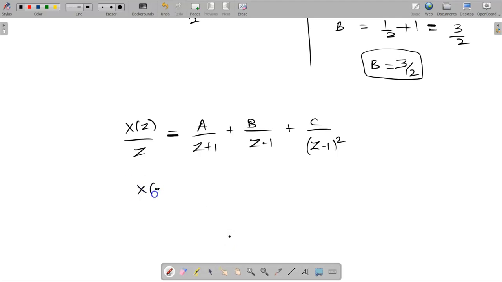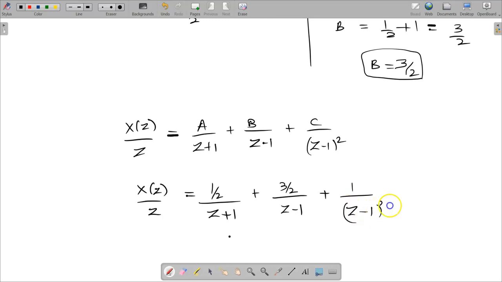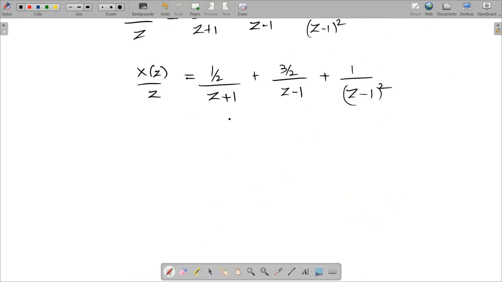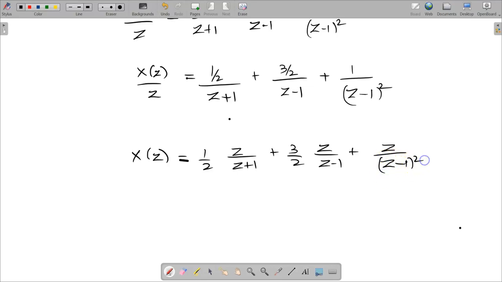So x of z by z is equal to a value we have determined as 1 by 2, 1 by 2 divided by z plus 1. B value we have determined as 3 by 2, 3 by 2 divided by z minus 1. C value we have determined as 1, 1 by z minus 1 the whole square. So just take now z to the right hand side. X of z is equal to 1 by 2 into z by z plus 1, plus 3 by 2 into z by z minus 1, plus z by z minus 1 the whole square.